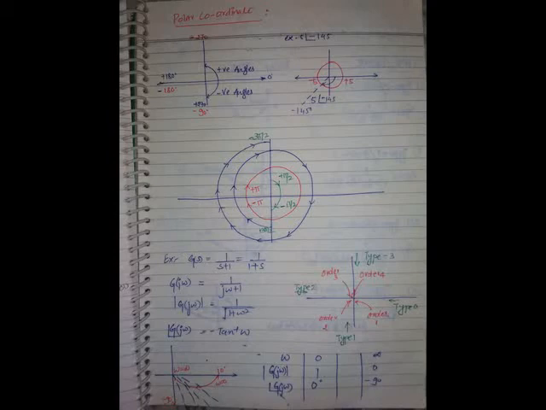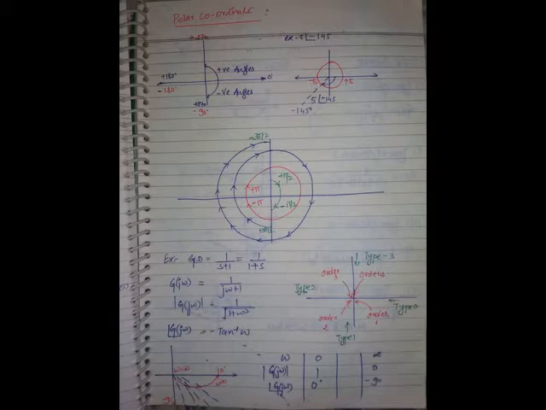Next subheading is polar plots. It is a plot of absolute values of magnitude and phase angle in degrees of the open loop transfer function G(jω)H(jω).